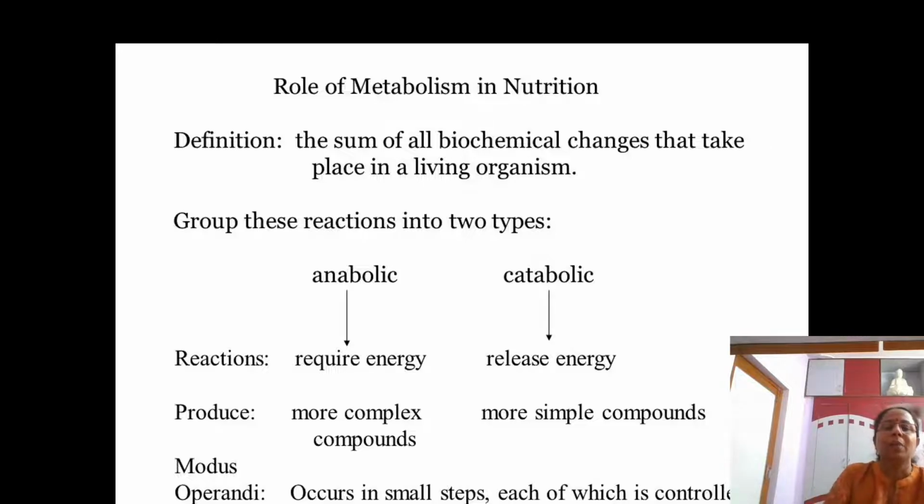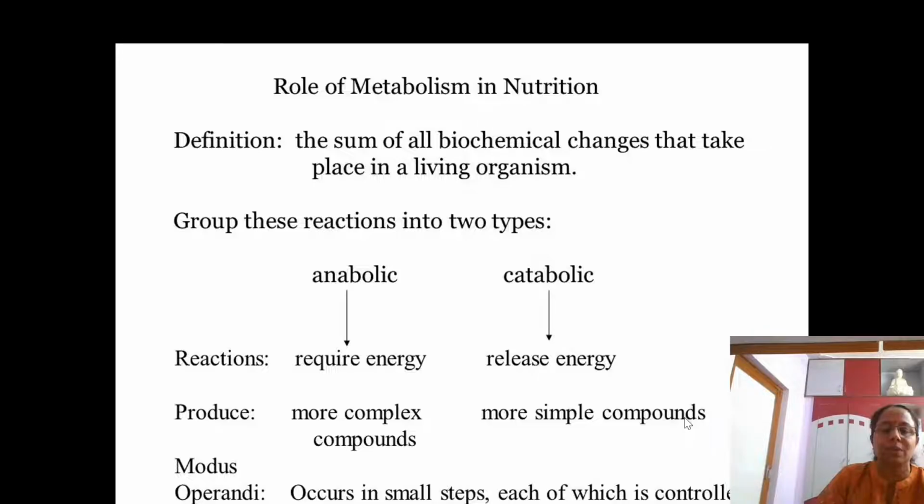Remember, anabolic reactions require energy, which is also known as the synthetic pathway, because smaller biomolecules are combined together to give big biomolecules. In the catabolic pathway, the bigger biomolecules are broken down into smaller ones with the release of energy.